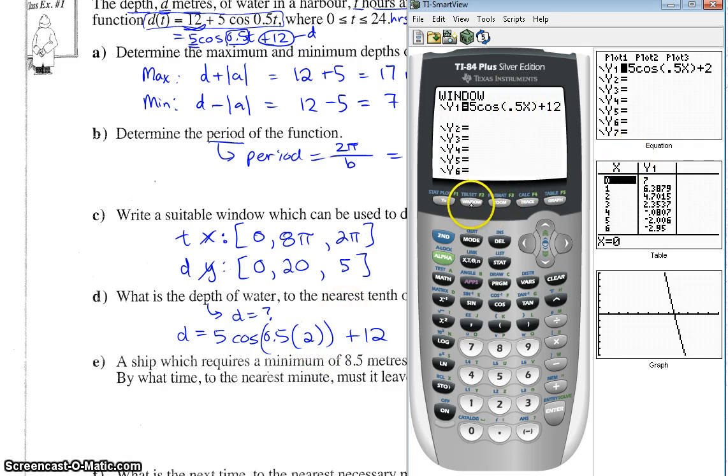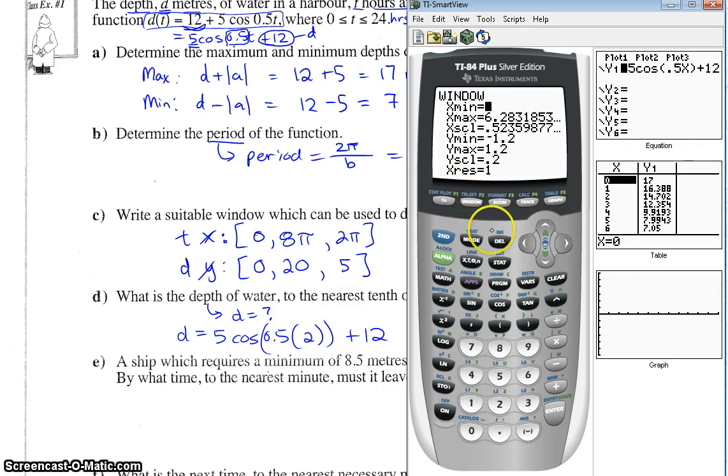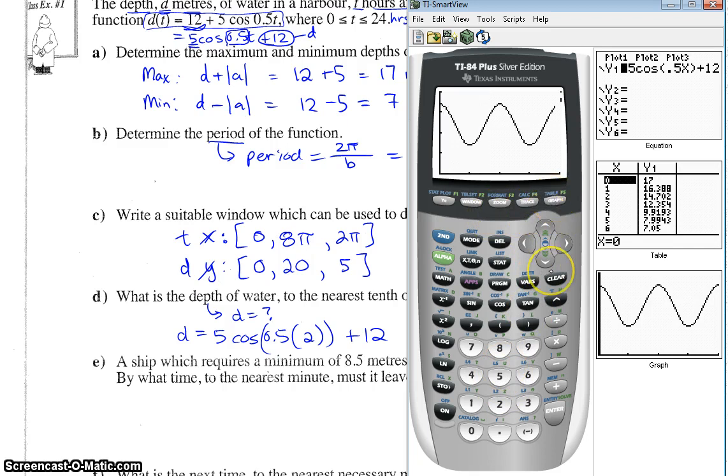Okay, so let's set our window settings to what we defined earlier. So 0 to 8 pi. Okay, tick marks every 2 pi, although that doesn't really matter. Minimum 0, maximum 20, scale, oh, not 2, 5. Okay, good. And let's take a look at the graph.